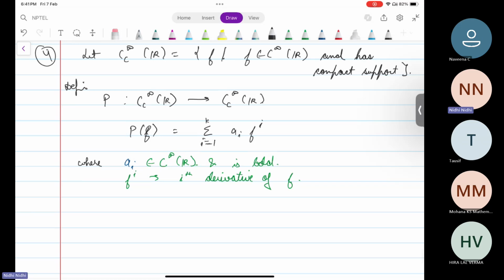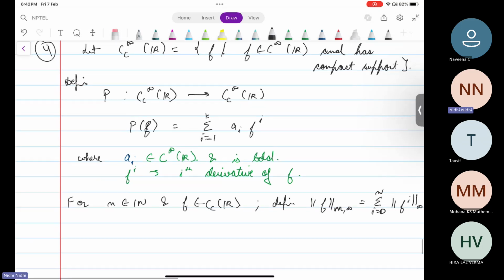Now, for every natural number n and function f in Cc infinity R, we define a norm, the n infinity norm of f, as summation i from 0 to n of the sup norm of the ith derivative of f.